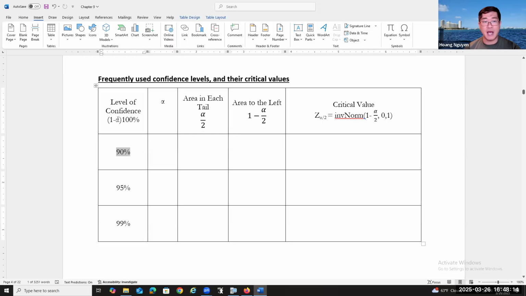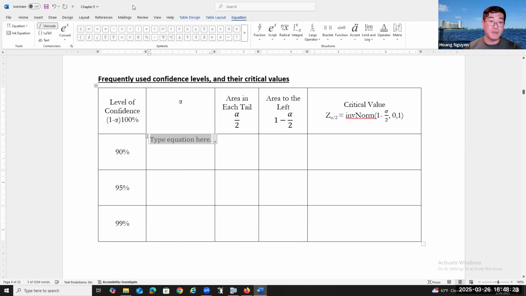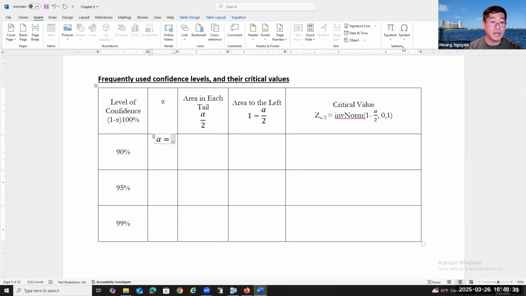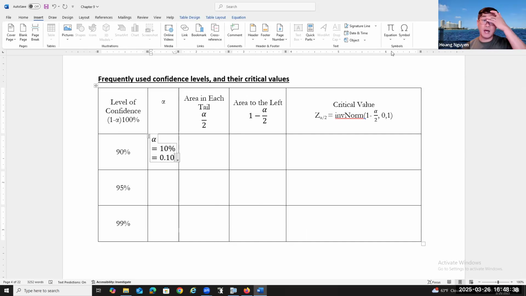So 1 minus alpha is equal to 90%, so alpha is going to be 10%, right? 10% is 0.10, so I'm just rewriting it as a decimal. So 1 minus 10% gives you 90%. So alpha is equal to 10%.